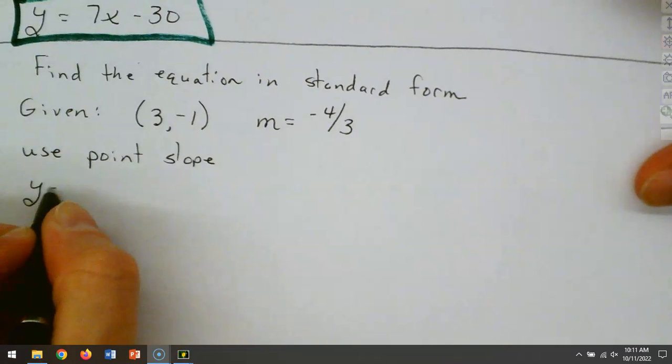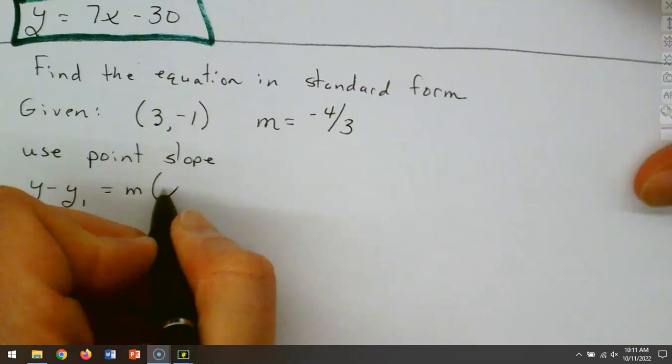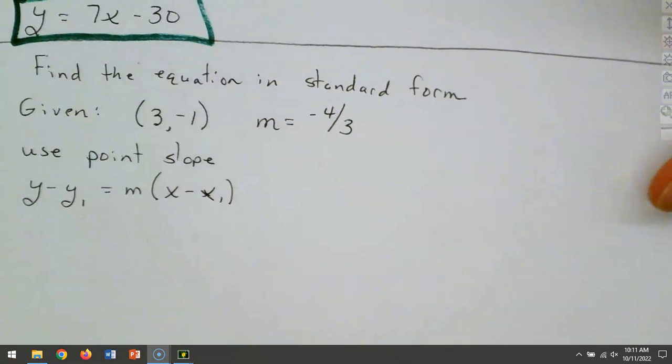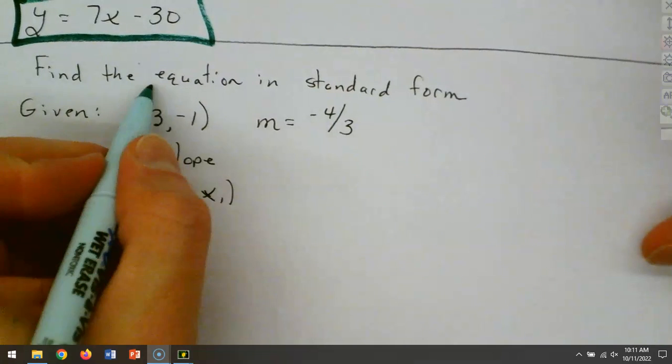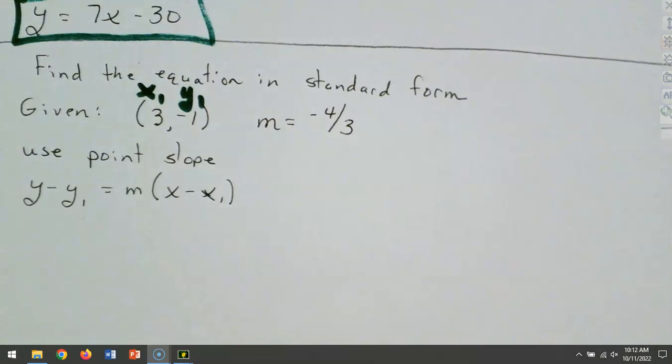And that is y minus y1 equals m times x minus x1. And we label our ordered pair x1, y1. Okay, we're going to go ahead and fill it in. Again, watch out for double negatives.